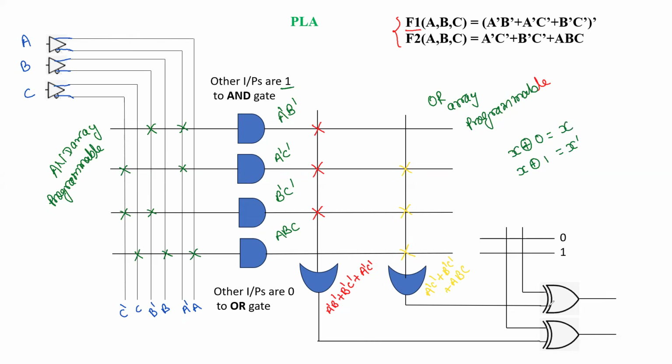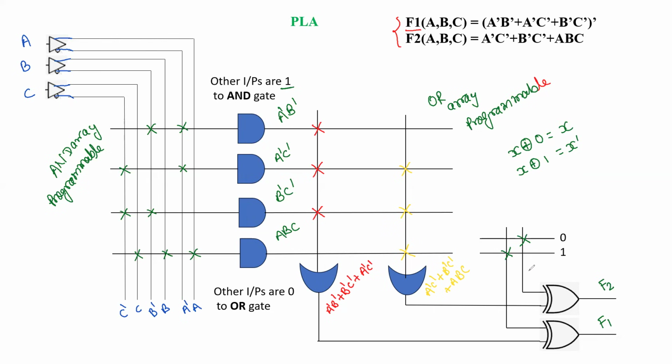Now F1 is with complement, so from here we are going to obtain F1. This should be connected with 1, so this 1 should be crossed here. The second XOR gate is going to give us F2, so here 0 should be intact. So we are putting the cross at that point.